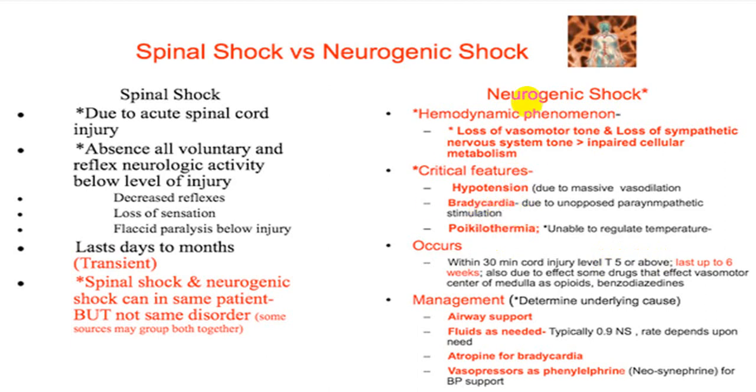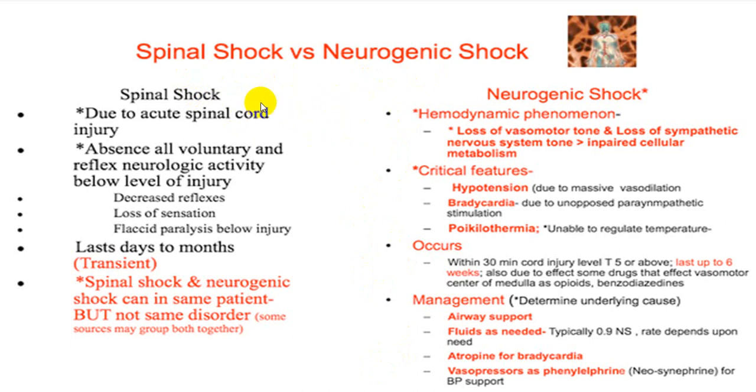So do remember this, and this will again last for a short period. You might require airway support, IV fluids, atropine for treatment of bradycardia, and you might require a vasopressor for blood pressure elevation. But this is again temporary. So you have to remember that in spinal cord injury we get two types of shock, that is, spinal shock and neurogenic shock.